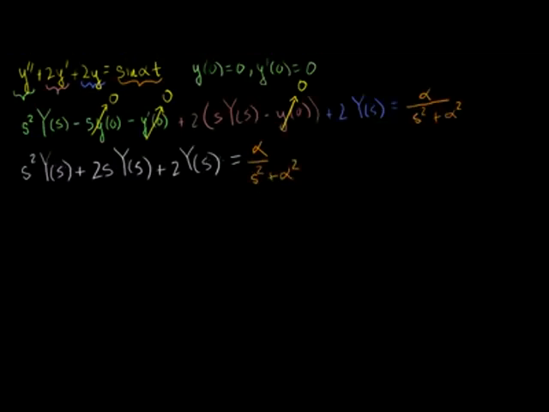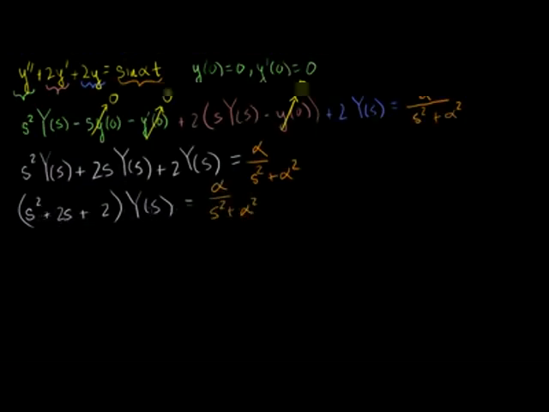Now let's factor out the Y of s, or the Laplace transform of y, and so we get s squared plus 2s plus 2, all of that times Y of s, is equal to alpha over s squared plus alpha squared.